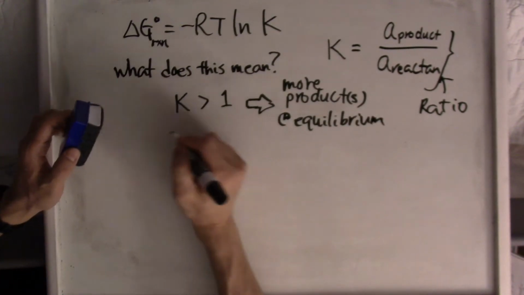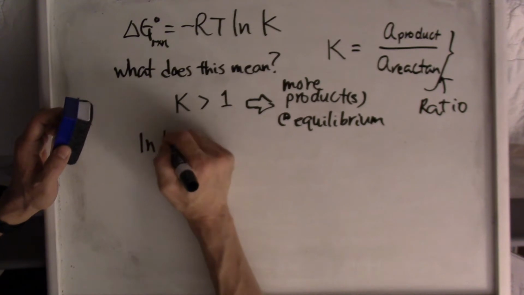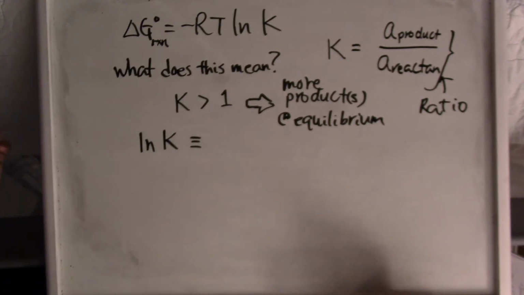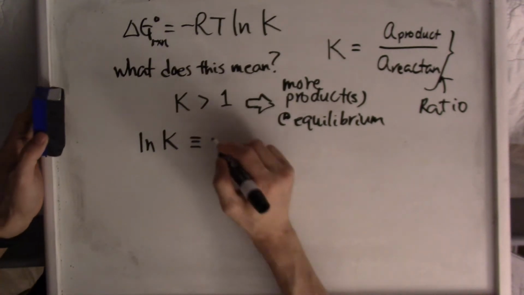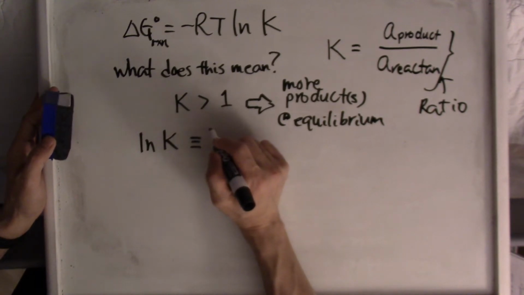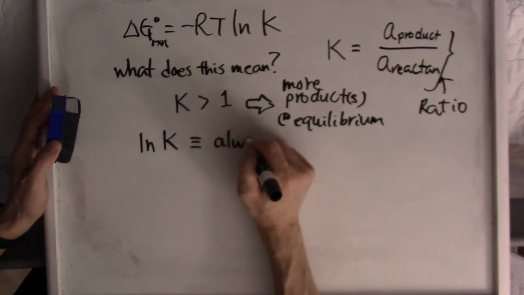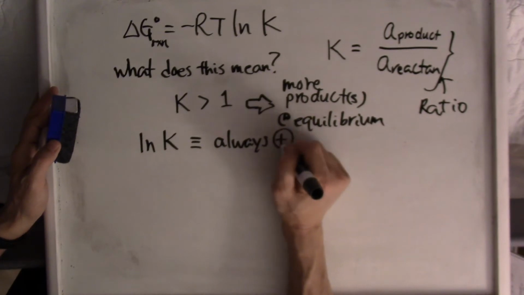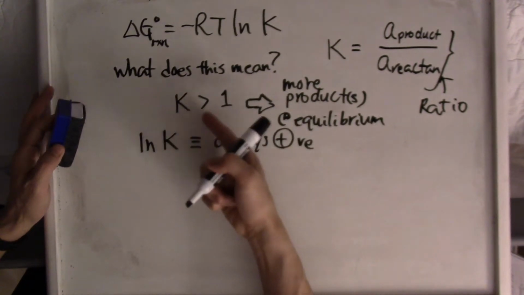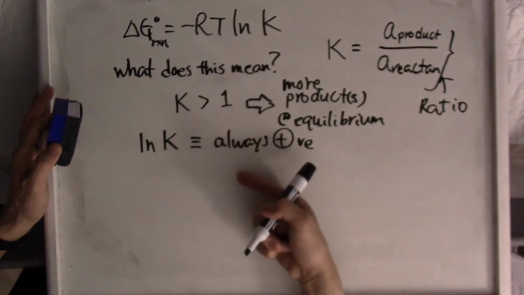Which means natural log of K is positive, always positive, because greater than 1, natural log of greater than 1 is going to be positive.